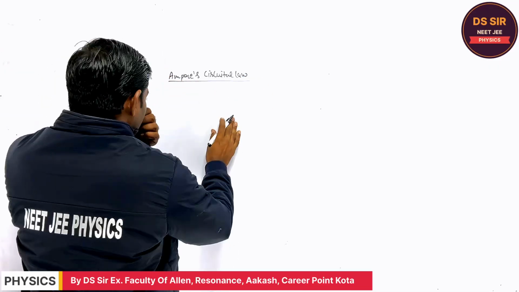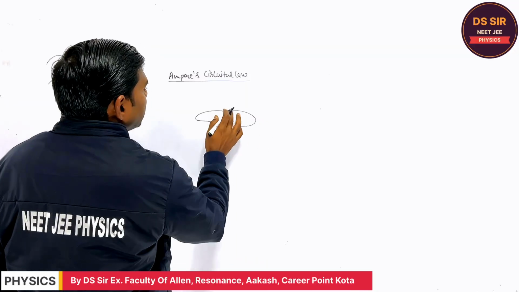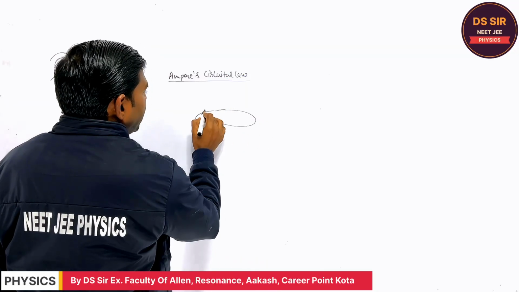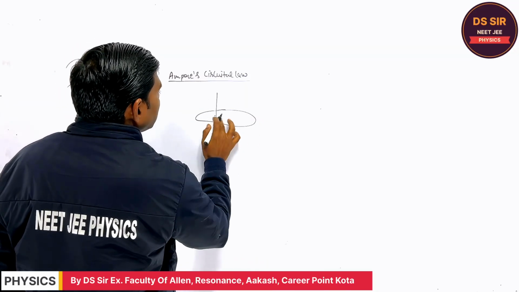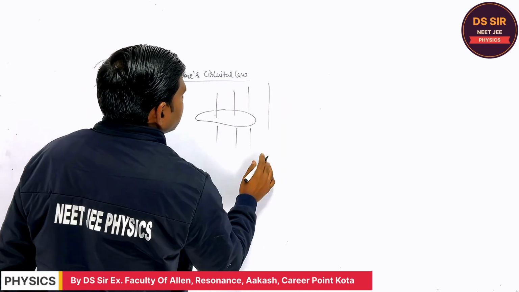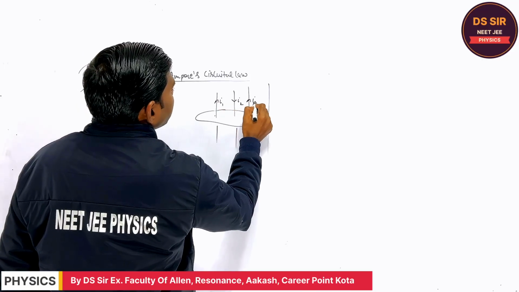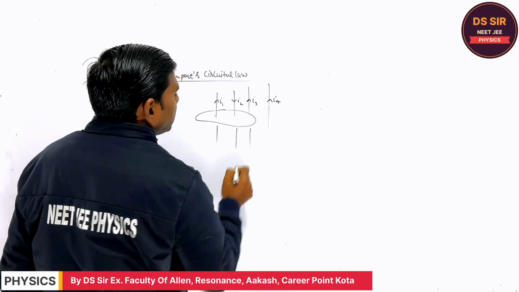Right. For example, if you consider this is the loop, the closed Amperian loop, and many currents are passing through this loop like this. Suppose this is I1, this is I2, this is I3, and this is I4.